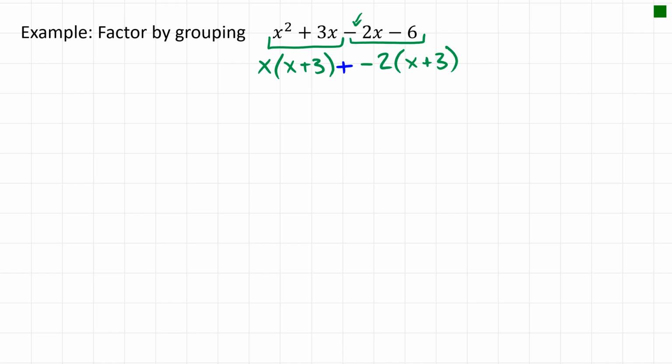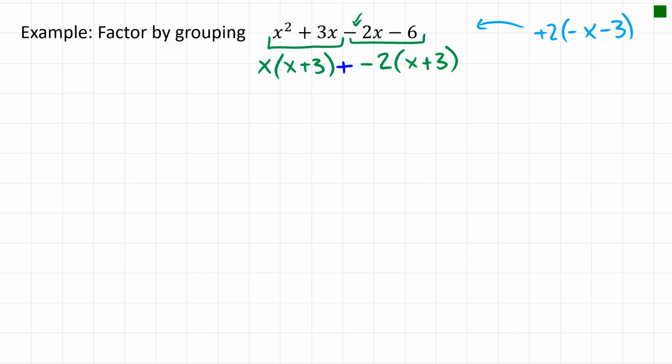Now the reason why I wanted to factor off the negative was because if I didn't factor off the negative, I would have had plus 2 negative x minus 3. And then my brackets wouldn't be the same for each term. I wouldn't have the same binomial on each term. So it's important to watch your negative signs and see how they can help you factor.